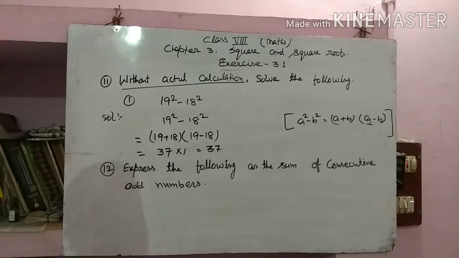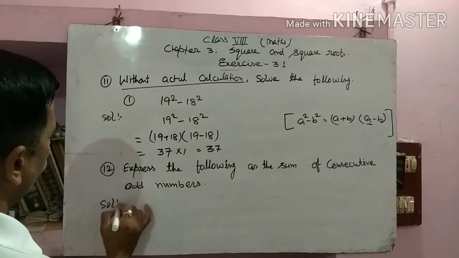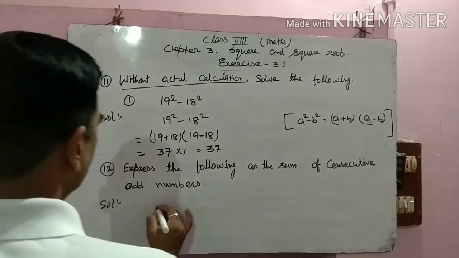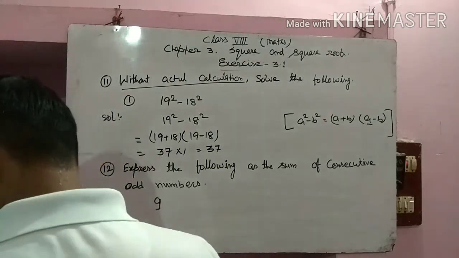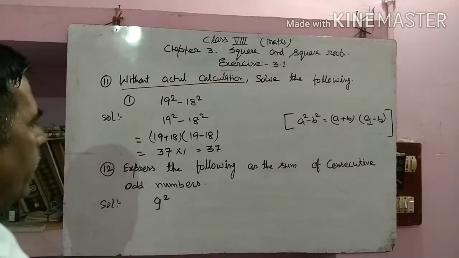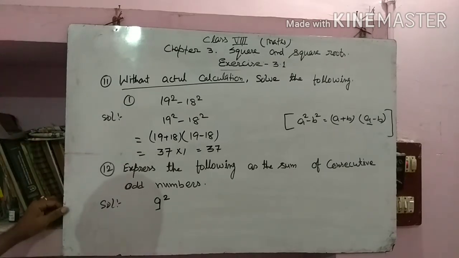Okay. The next question is to express the following as the sum of consecutive odd numbers. So suppose the number given is 9 square. As you know, the sum of consecutive odd numbers is the square of the number of terms.